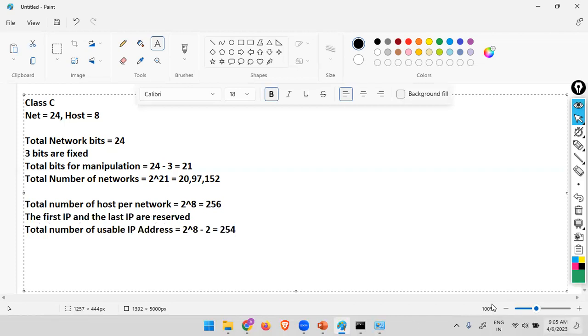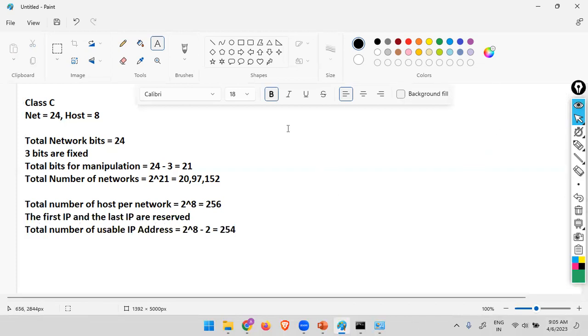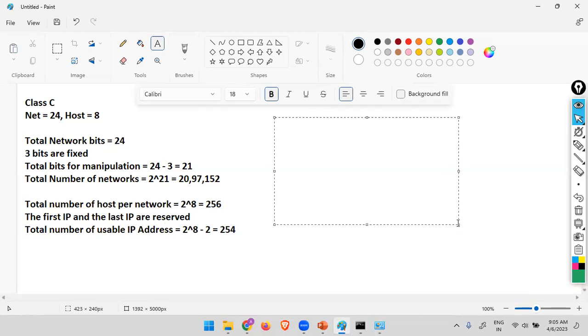Okay. And if we write the range, let's say 192.168.0.0. Next address will be 0.1. Last address will be 0.255. What will be the last valid IP? 254.